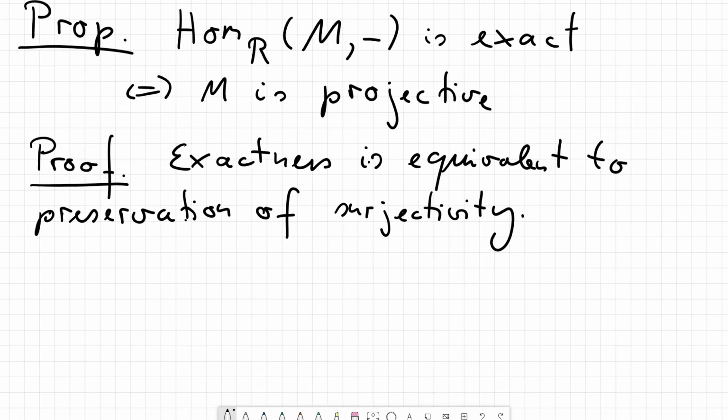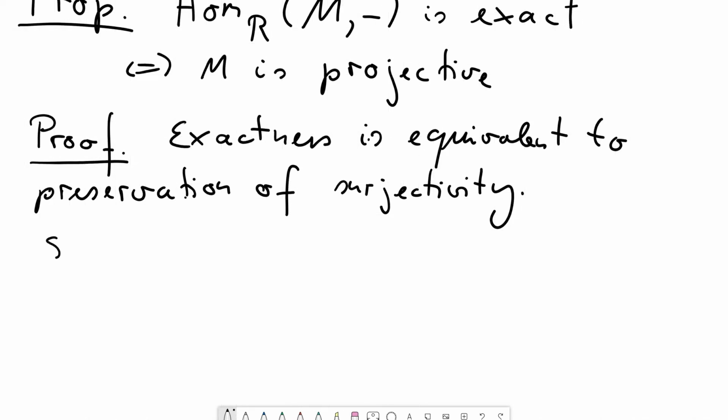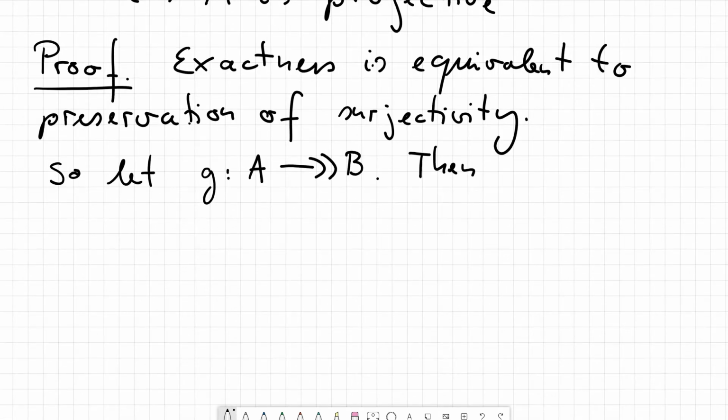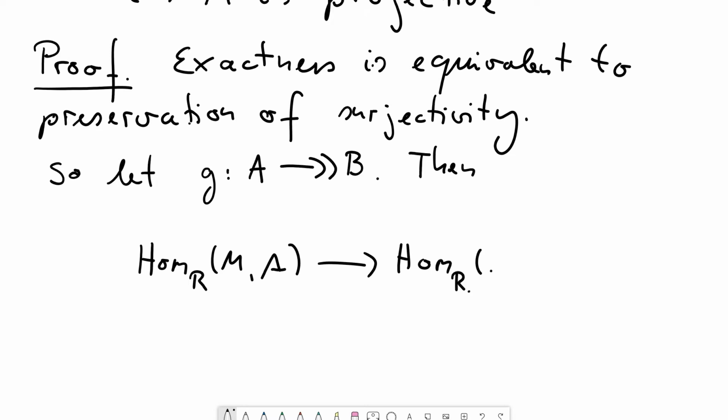And let's see why this now holds if and only if the module is projective. So let us give ourselves a surjective homomorphism of R-modules, g from A to B, say, which is surjective. Then I need to consider the induced homomorphism under the Hom-functor, Hom_R(M, A) going to Hom_R(M, B).